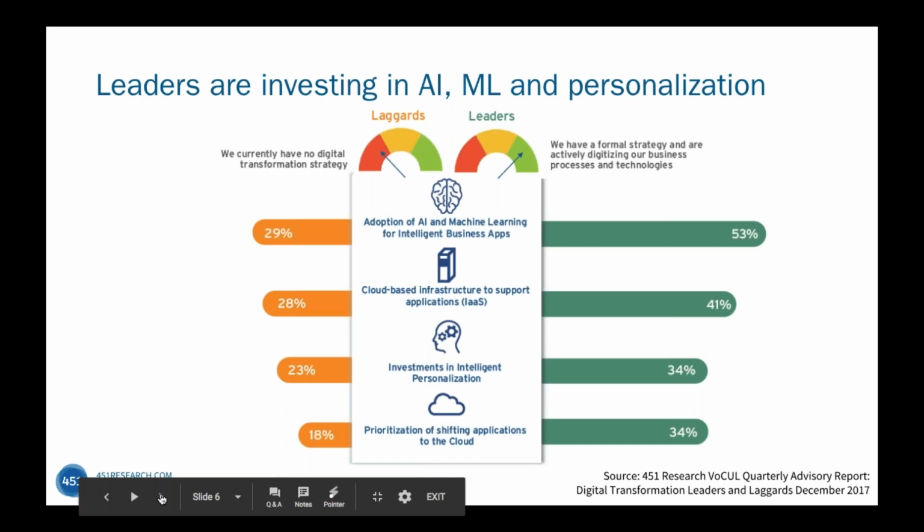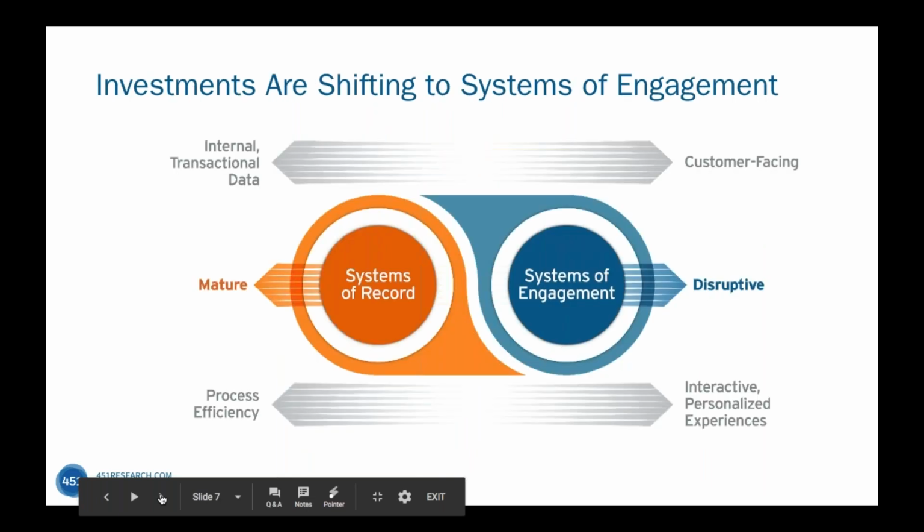But what we see across all the surveys we do is a similar story, that those that are investing in advanced technologies are also those that are rapidly transforming themselves, and therefore stand the best chance of maintaining their competitive advantage versus their rivals.